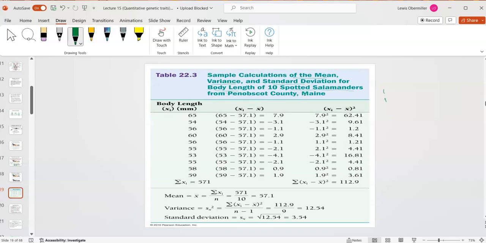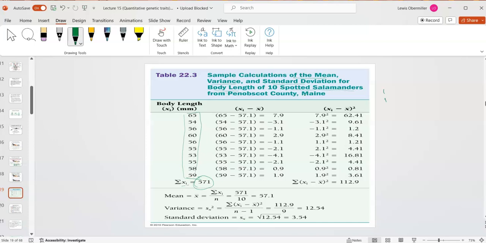All right, so we go out and we collect a bunch of salamanders and we measure their body length in millimeters, and this is what we get. And so you know that in order to get the mean, we add them all together and then we divide it by the total. So there's 1, 2, 3, 4, 5, 6, 7, 8, 9, 10. And so if we add all these numbers up, the sum of these values is 571.